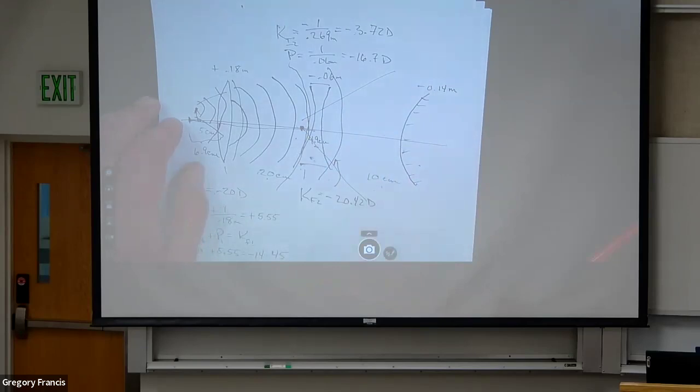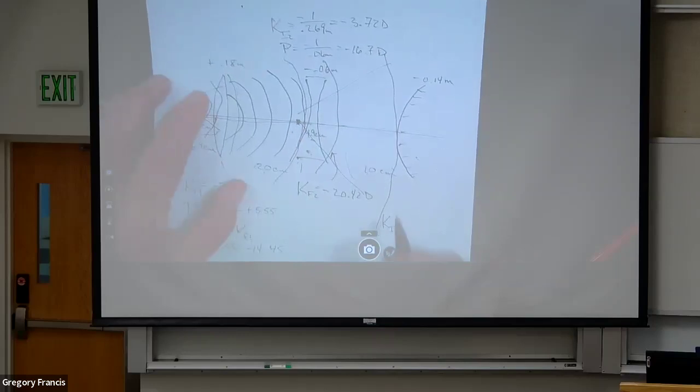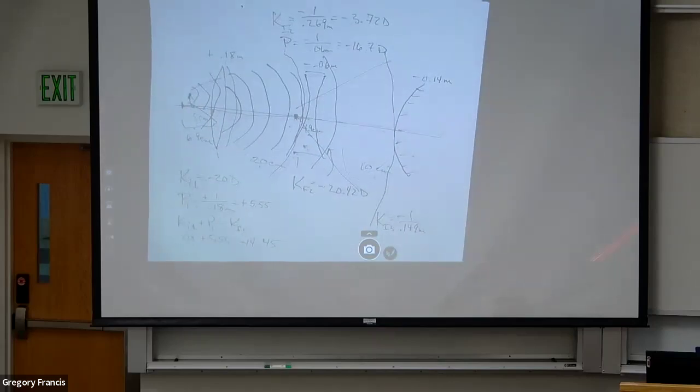Okay. So by the time it gets here to this mirror, it's going to have a radius of curvature of 10 centimeters plus 4.9 centimeters. And so the K initial for 3 is going to be negative 1 over 0.149.